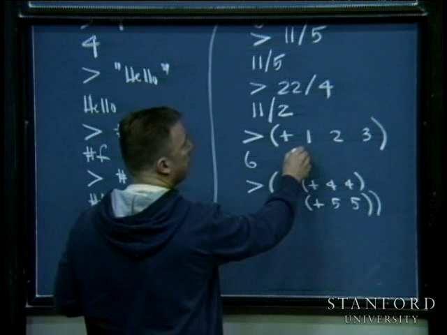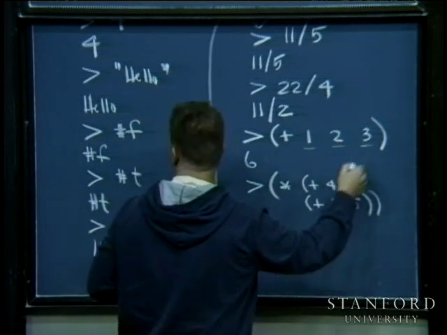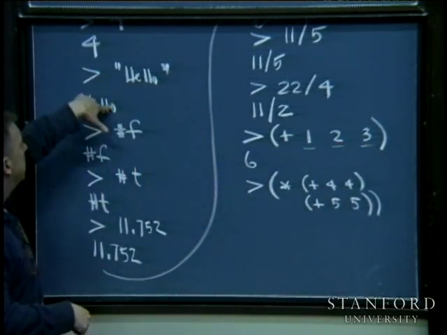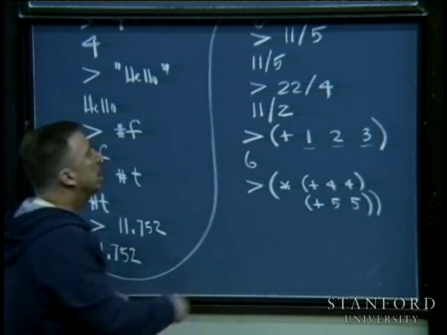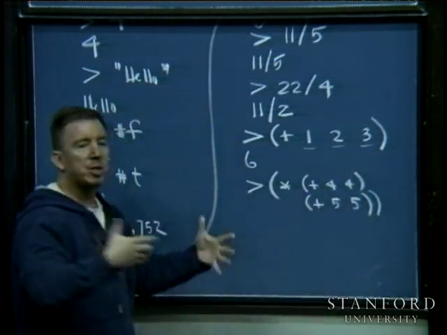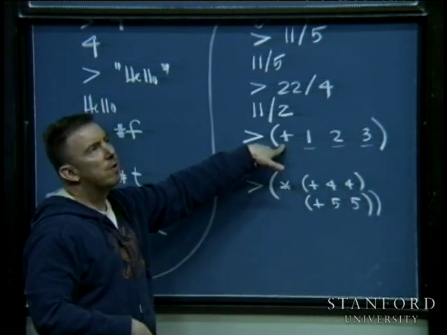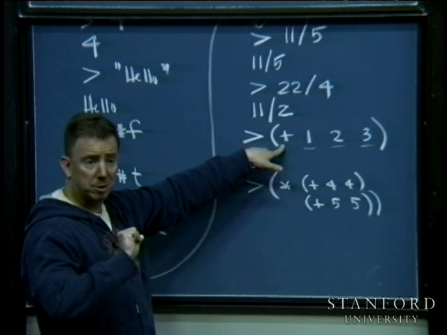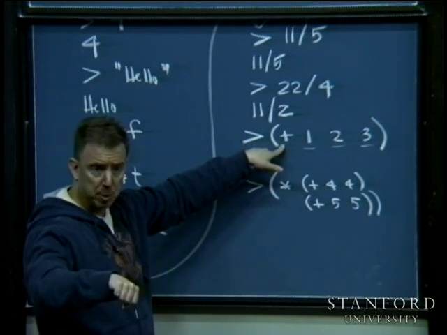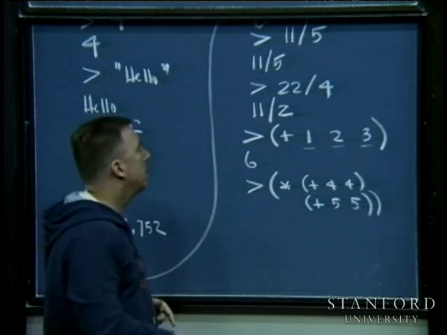So whereas this evaluated to a 1, and a 2, and a 3, much like this evaluated to a 4, and a hello, and a false constant, these evaluate to themselves, and then they participate in the larger function evaluation that uses plus to guide the computation, okay? And not surprisingly, you get a 6 there.